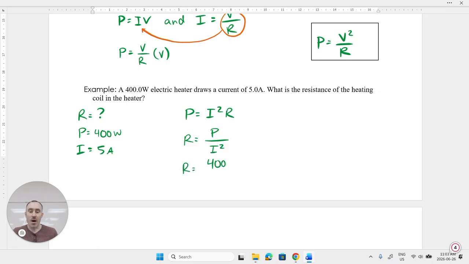So 400 watts divided by 5 amps, remember to square it. And R is 16 ohms. So that version of a problem involving power is really just about identifying which version of the power formula you will actually want to use to calculate the thing that's missing.